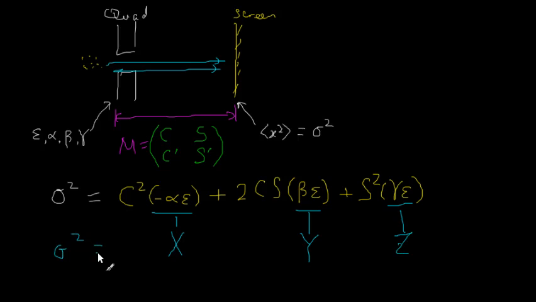Sigma squared is equal to C squared X plus 2CS Y plus S squared Z.